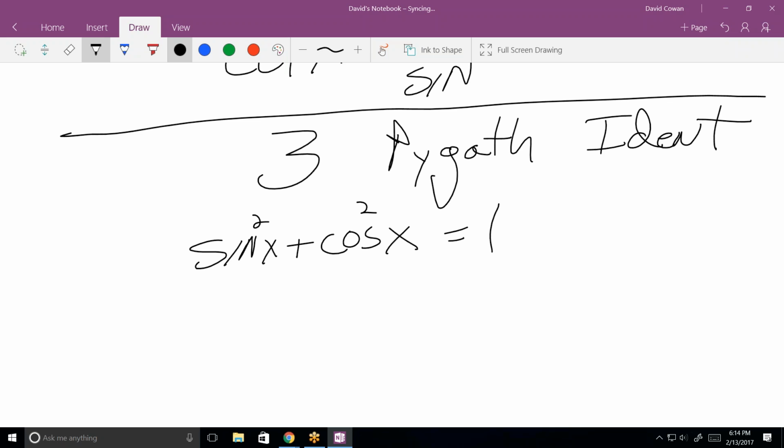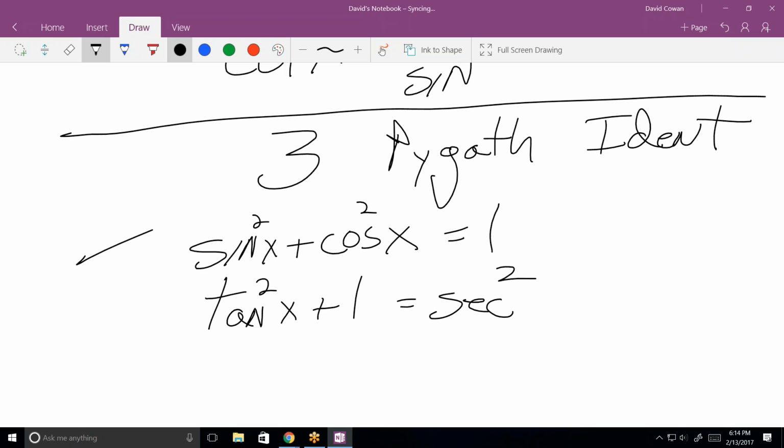That's the first one they teach you, and the easiest to memorize. Then there's really only one more you have to memorize: tangent squared of x plus 1 equals secant squared. That's a little different, notice. And finally, the third one is the cofunctions of the second one. Now, cofunction's not the same as reciprocal.